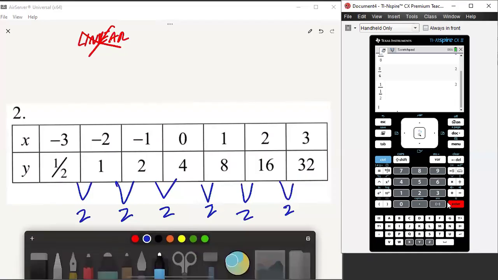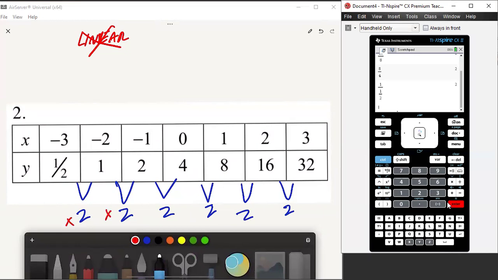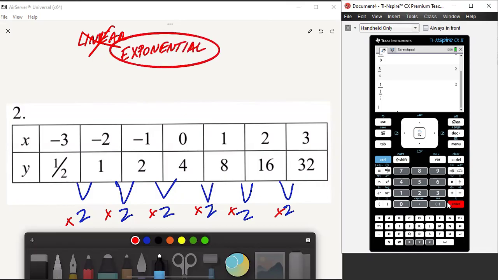So this one is being multiplied by 2, the same value. All right. So that means if you're multiplying by the same number, that means it's exponential. So this is an exponential function.